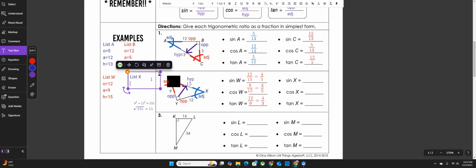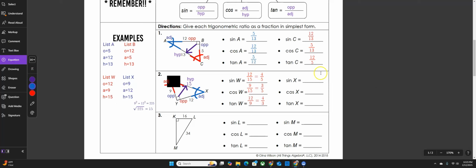So we're going to make a list for X. Our O is 9. A is 12, sorry. And H is 15. Right, and then what we're going to do is use our equation editor and put in the ratios. Sine of X is going to be 9 over 15, which again is equal to 3 over 5.